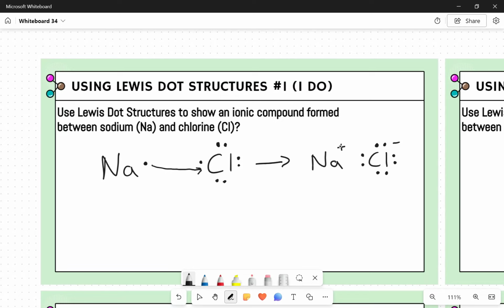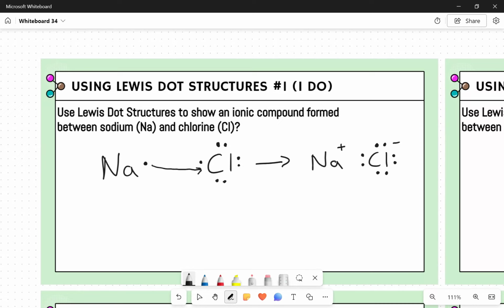But in what was originally its outermost shell, it now has no valence electrons. So this whole thing right here is how you would depict the formation of an ionic compound formed between sodium and chlorine. And as we can see, they're neutrally charged. There's one positive and one minus, so they're going to cancel each other out.